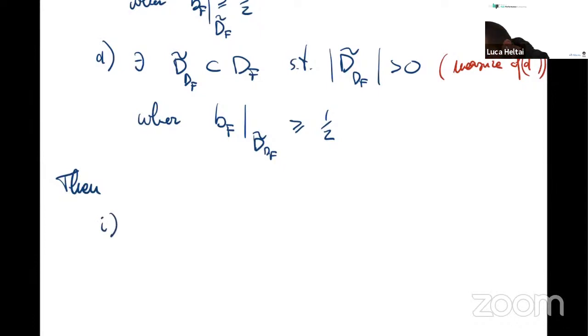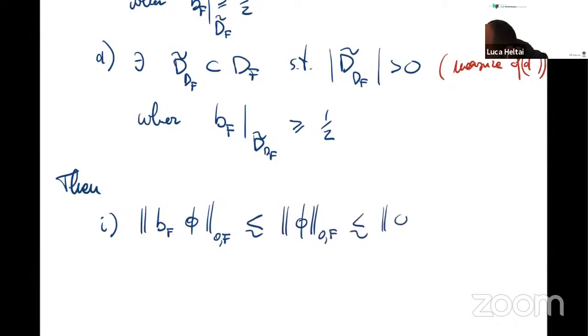The main property is that if you take BF of a function phi on F, this is controlled by the norm of phi on the face F. Again, this is the same as before.